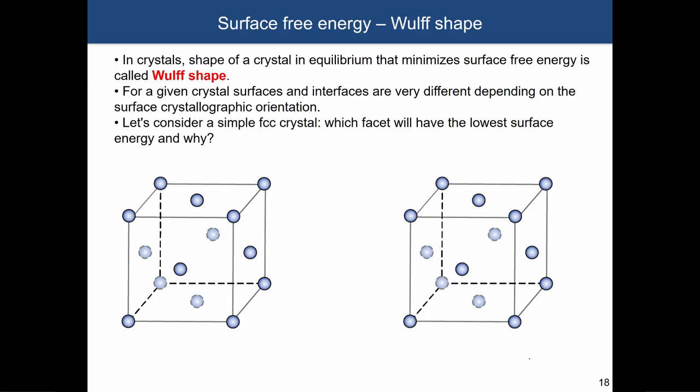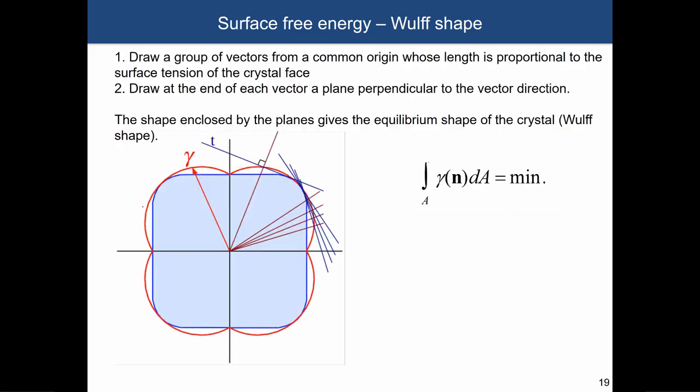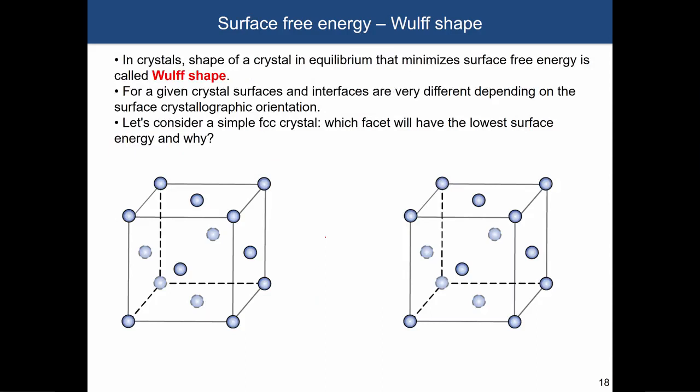So if you consider an FCC crystal, so this is a face-centered cubic crystal. So there are atoms in the corners, and each facet has the centralized atom. So, and if you, for example, consider 001 surface. So 001 surface will be this surface here.